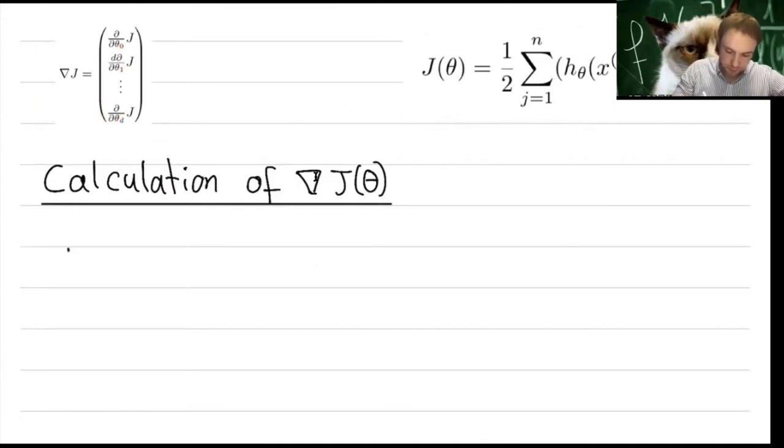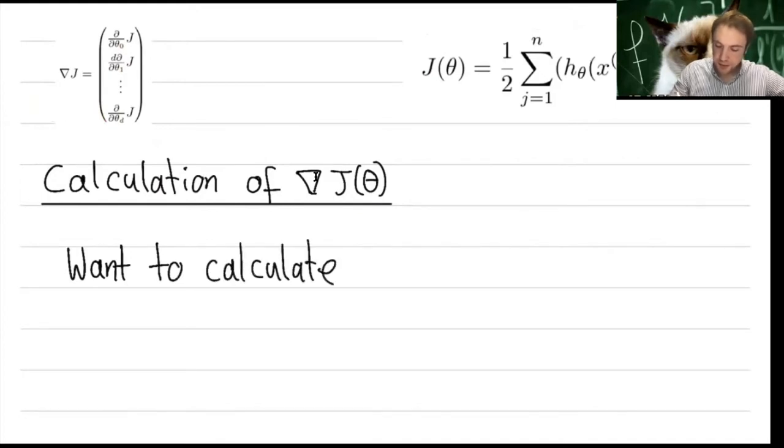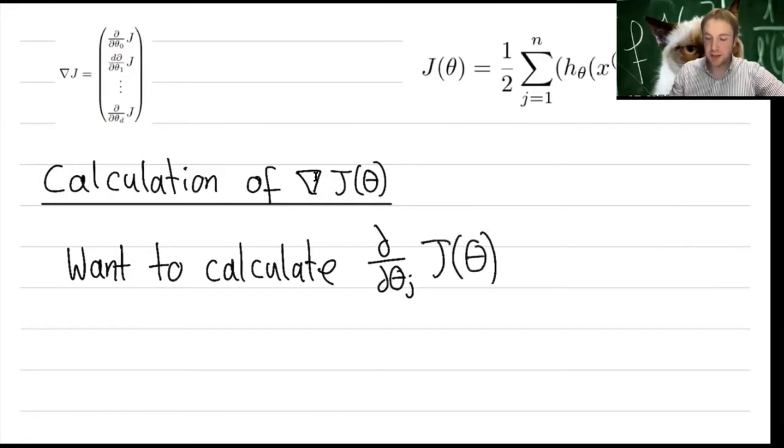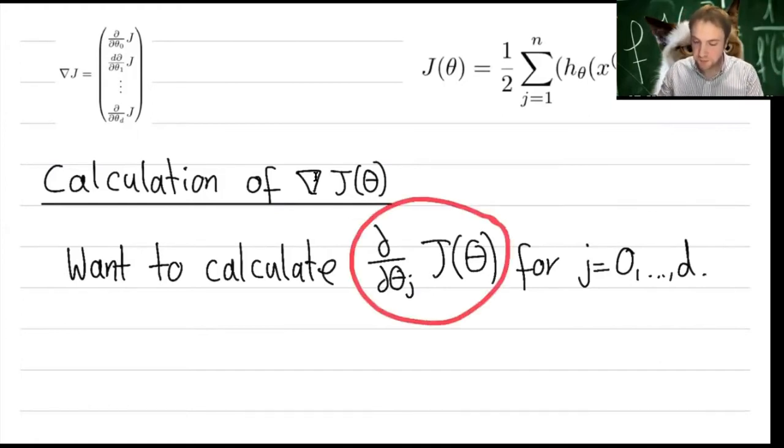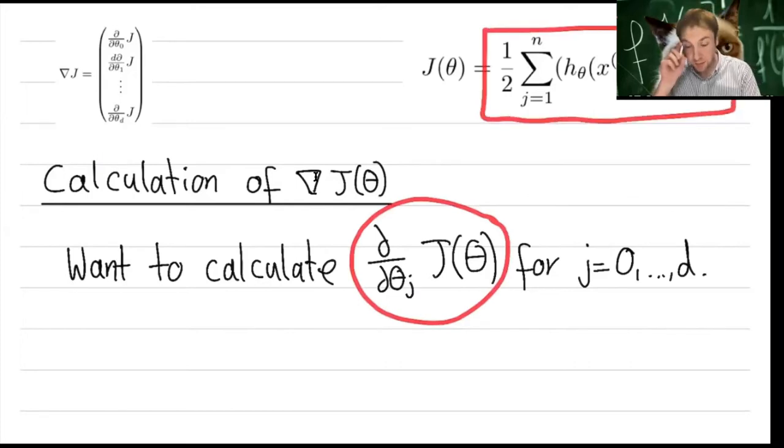So we want to calculate the partial derivative with respect to theta j of this cost function J of theta for all positions, so this j will go from 0 to d. Now we need to check what this is if we apply this to this function here.